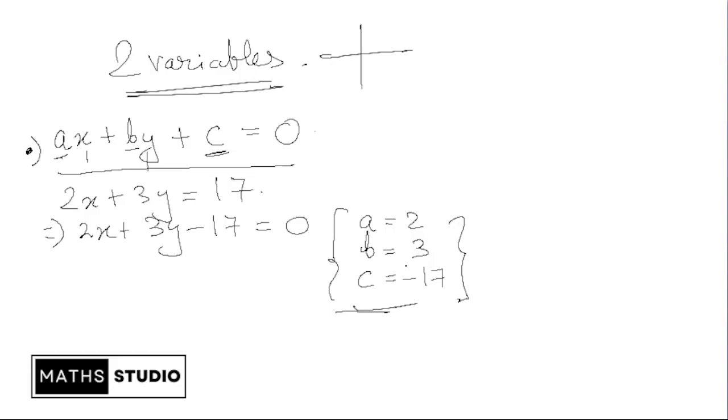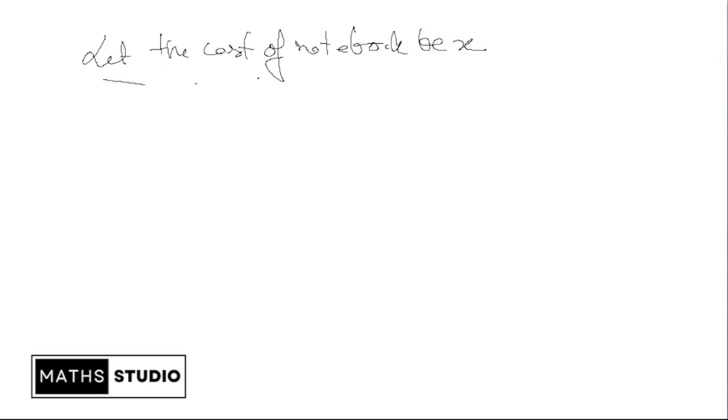Now in this portion of exercise 4.1, the question from the NCERT book mentions that the cost of a notebook is twice the cost of a pen. So what will we write? Let the cost of the notebook be X and the cost of the pen be Y. Now what they are saying, the cost of a notebook is twice the cost of a pen.